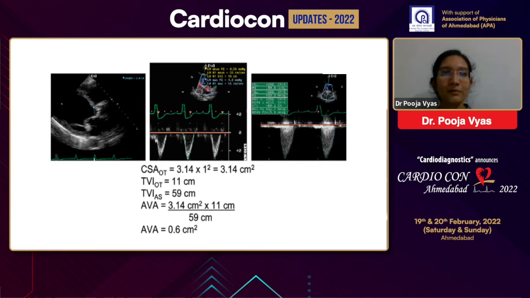So this is an example where the diameter of the LVOT is 2 centimeters. So radius is 1 centimeter, and by that, the cross-sectional area is 3.14 centimeters square. TVI of the LVOT is 11 centimeters. TVI of the aortic stenosis is 59 centimeters. And by putting these values in this formula, we'll get the aortic valve area of 0.6 centimeters square.